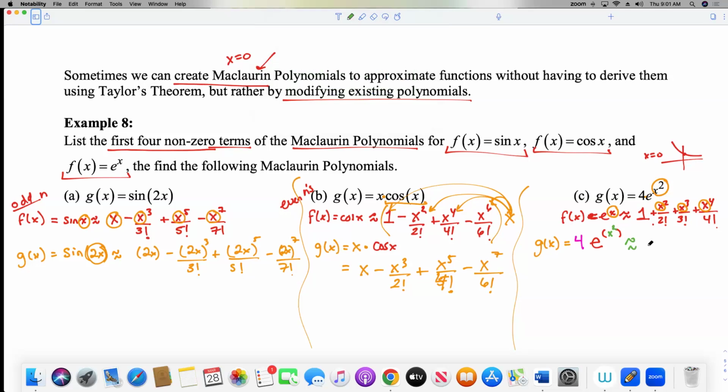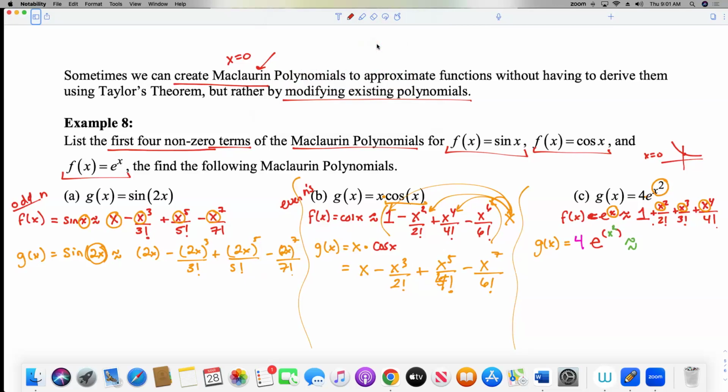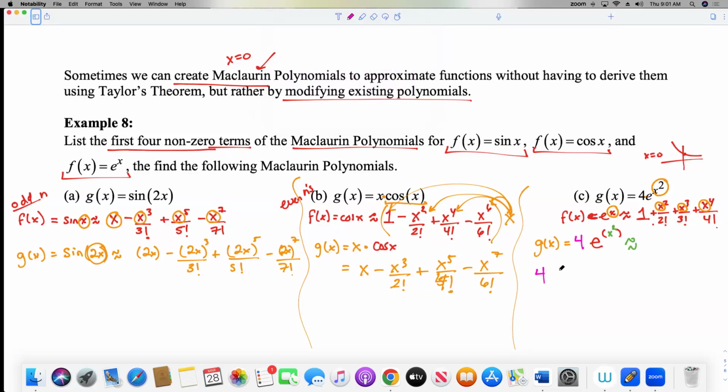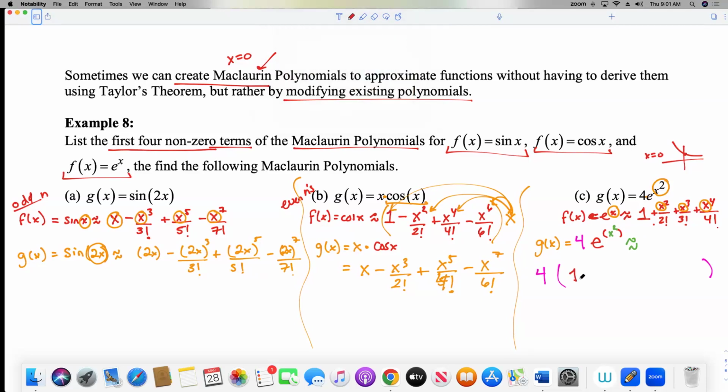And that is going to be approximated by, all right, bear with me. We're going to multiply everything by 4. And then in here, there's no x with the 1, so that's just going to be 1 plus parentheses squared over 2 factorial plus parentheses cubed over 3 factorial plus parentheses to the 4th over 4 factorial.